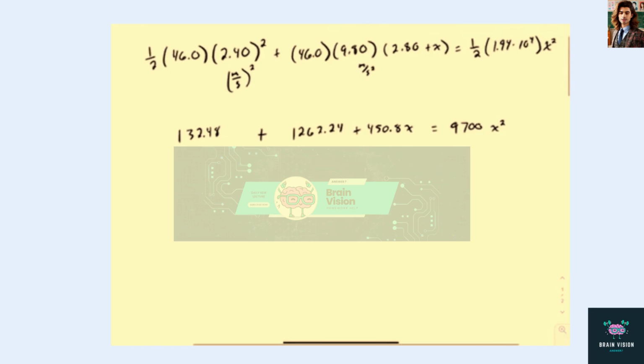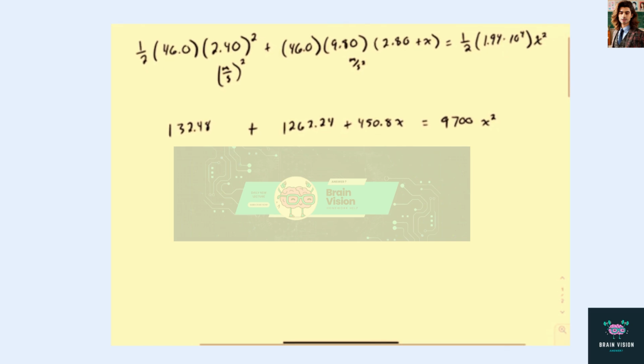So now we have a simple quadratic. We have an x squared term, an x term, and an x to the 0. So we'll bring everything over to one side, set it equal to 0. We get 9,700 x squared minus 450.8x, and then minus 1394.72, all equals 0.